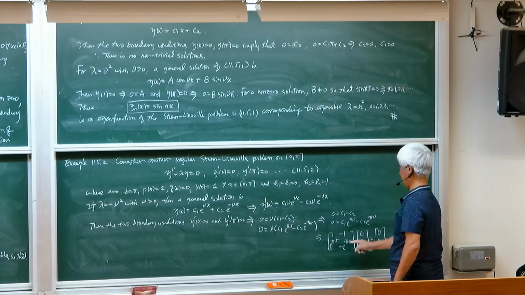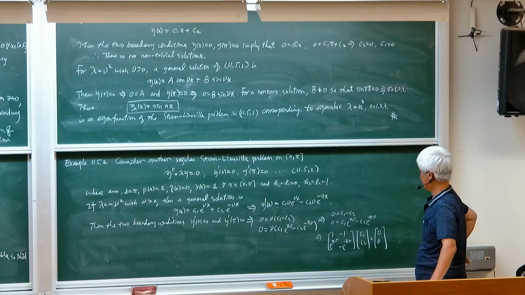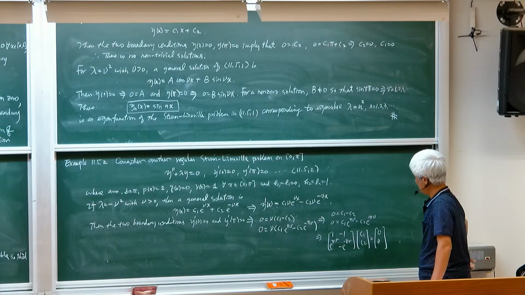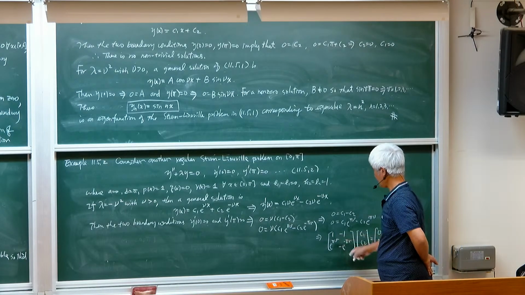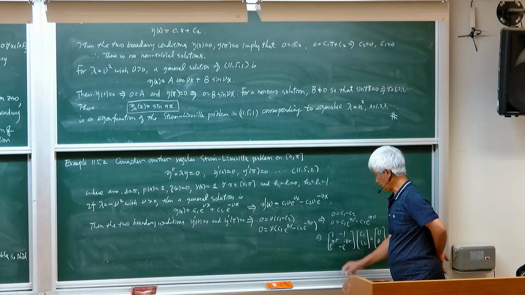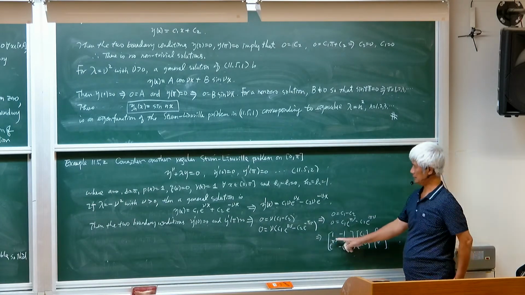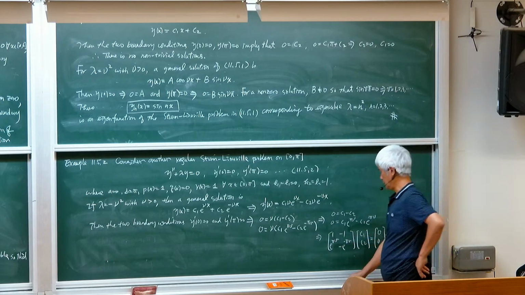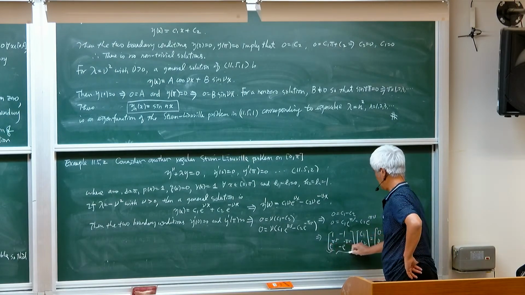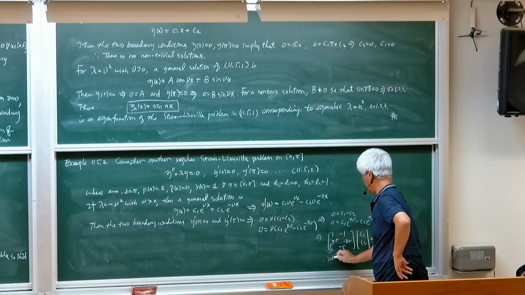So we have this homogeneous system of linear equations. When you look at it, the coefficient matrix has non-zero determinant, so it is invertible.